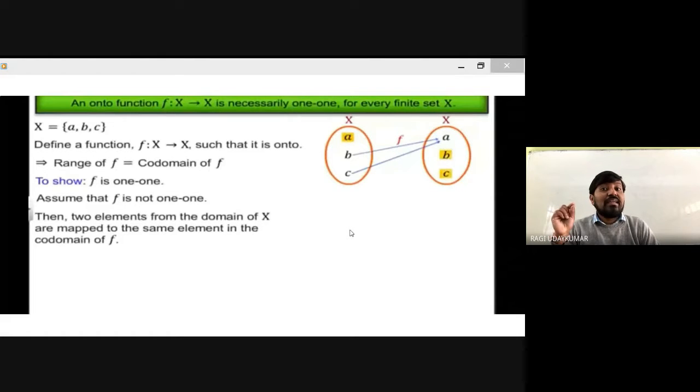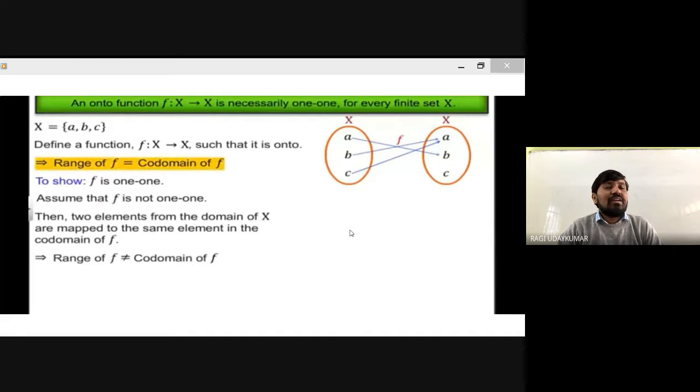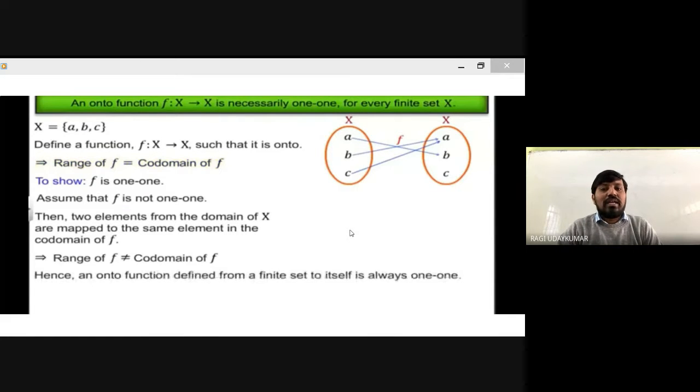That is nothing but the range of f is not equal to the codomain. Range of f not equal to codomain means it is not an onto function. Hence an onto function defined from a finite set to itself is always 1-1.